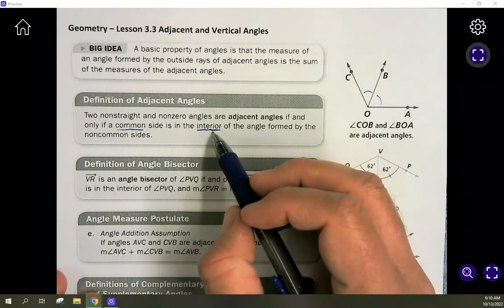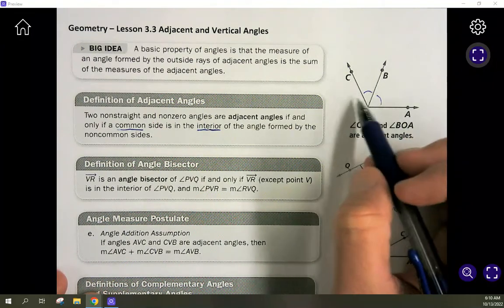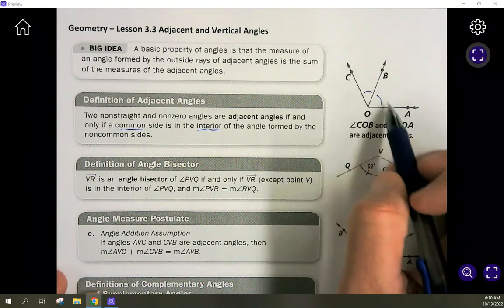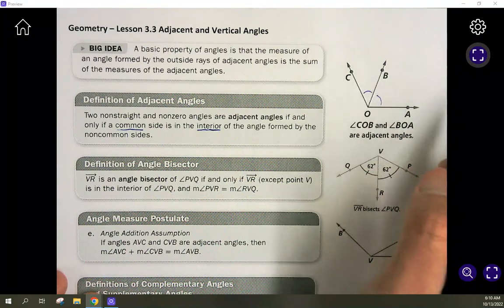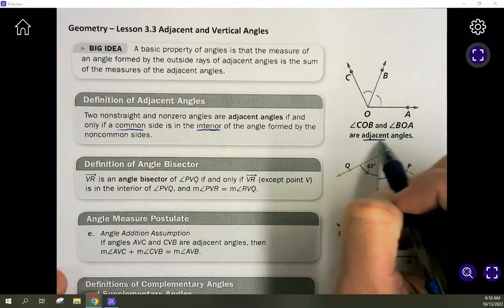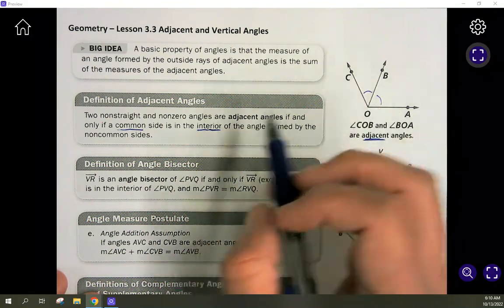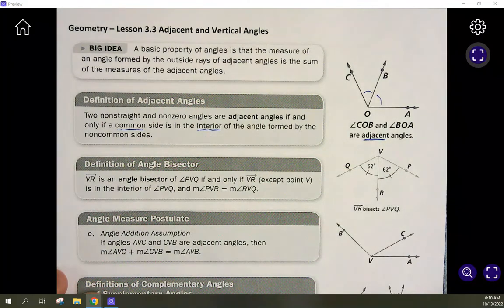One other thing you got to look at is, is it in the interior, not the exterior? And so you're looking at, is the big angle that they both make together less than 180 or is it more than 180? So to be adjacent, technically, the two angles put together, the bigger angle has to be less than 180 based on this definition.